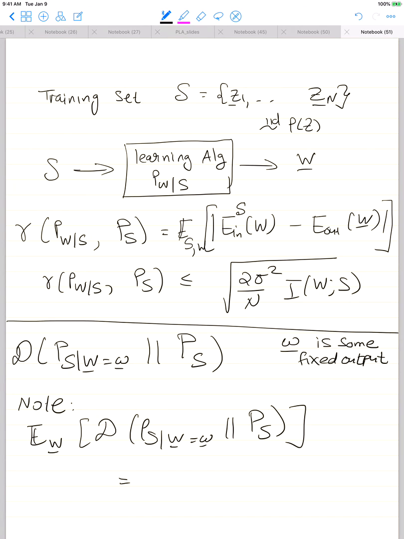It's the mutual information between W and S, which is the quantity on the right hand side here. So we will first analyze this quantity for fixed w, and then we will use the Donsker-Varadhan lemma to lower bound it, and later take the expectation with respect to W on both sides to get the mutual information term. That will be how these proofs work.